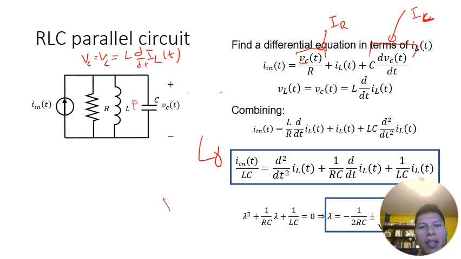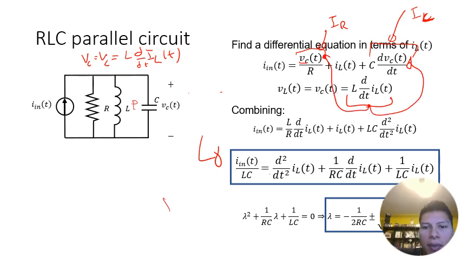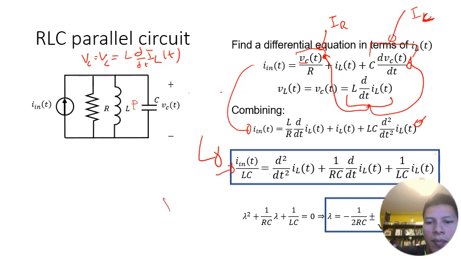And so what we can do is then just take this and plug it in for V_C here, and then plug it in for V_C here, and that's what I did to go down here. So I end up with L over R dI_L/dt, L I_L(t), LC d squared I_L(t), and then I divided everything by LC to get it into this form.